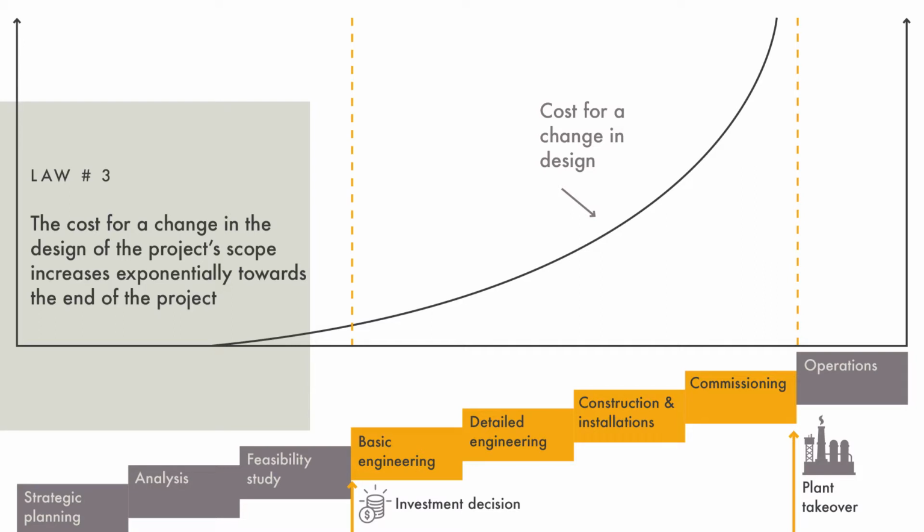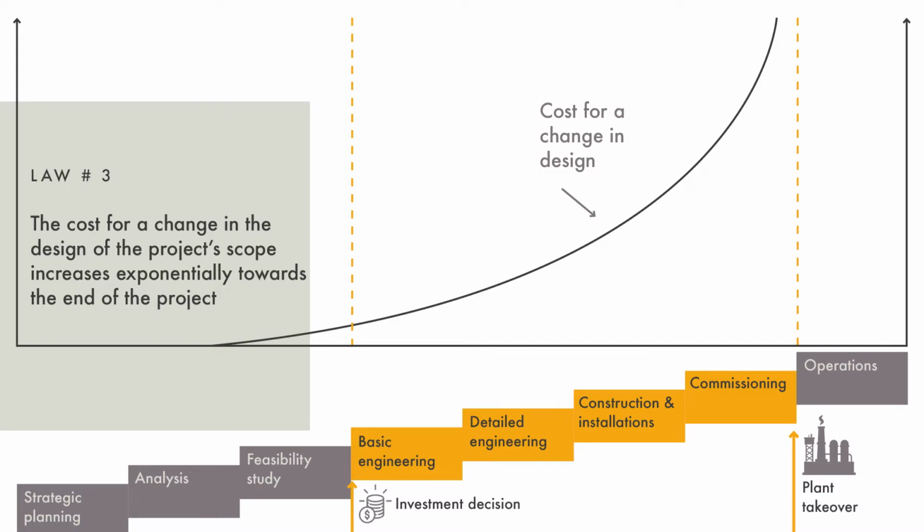The cost for a change in design or project scope increases exponentially towards the end of the project. Well, this can be naturally understood: the later we do a change, the more it affects many other things that the project has already been doing, and there has been reliance on this item, and activities that build on this item that is now changed.